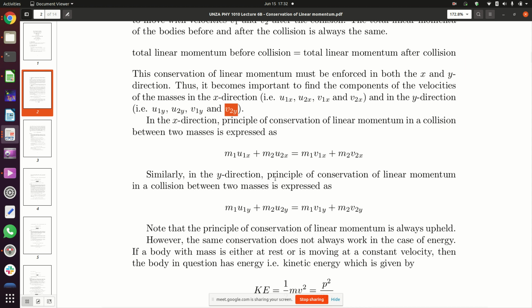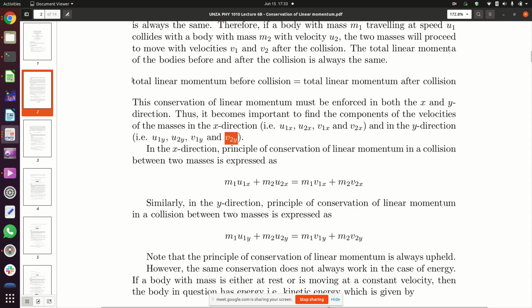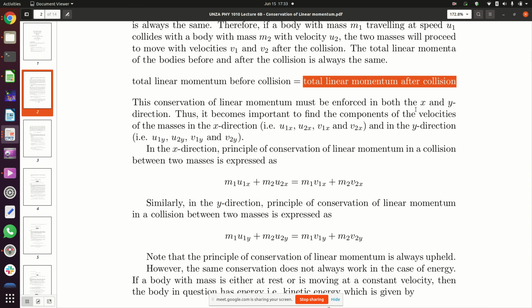Once you do this, then you can enforce this condition: total linear momentum before collision along the x-axis should be equal to total linear momentum after collision along the x-axis. Now, this is just before the collision and just after the collision.